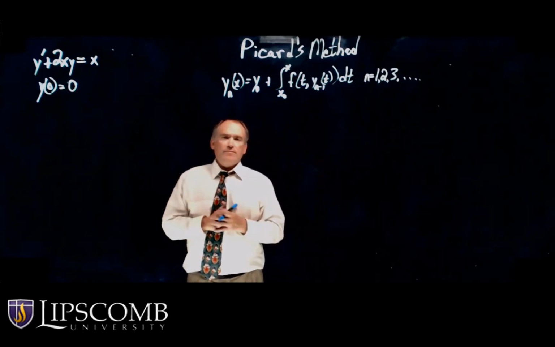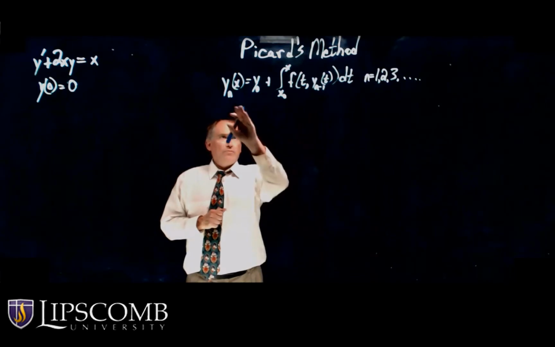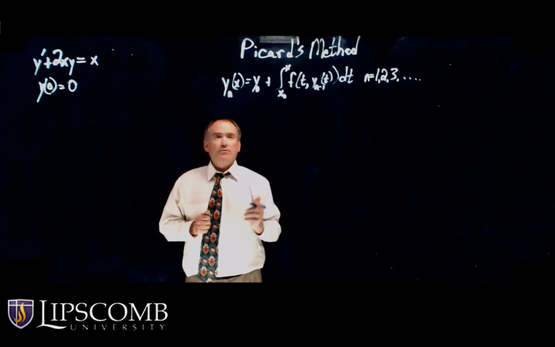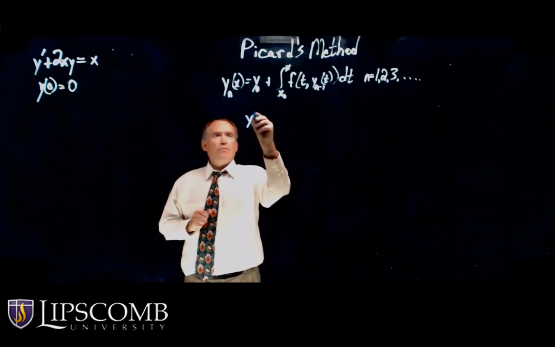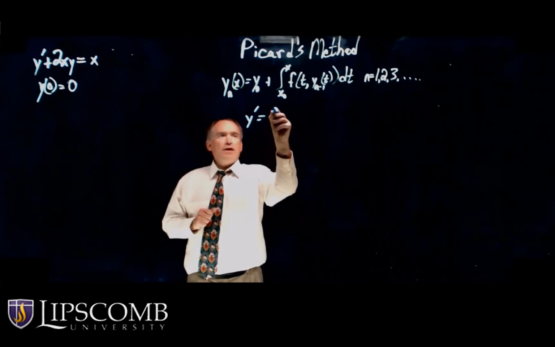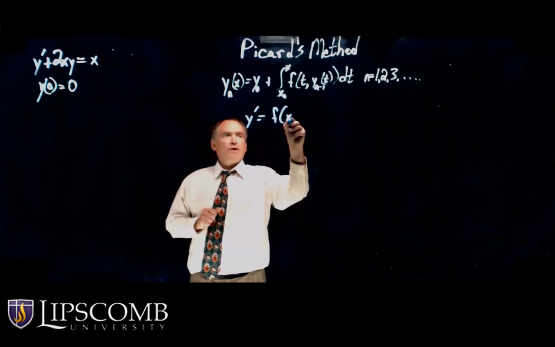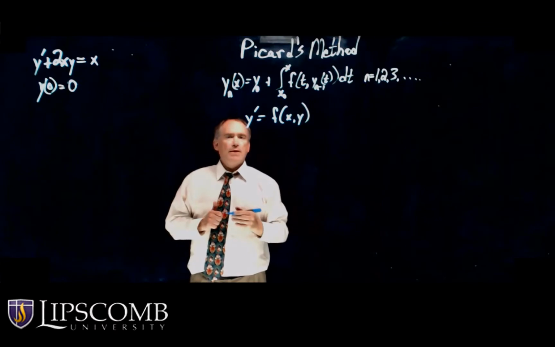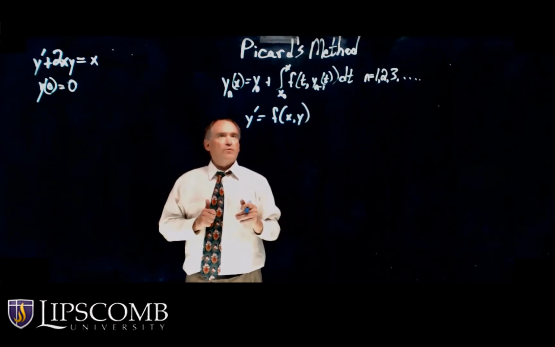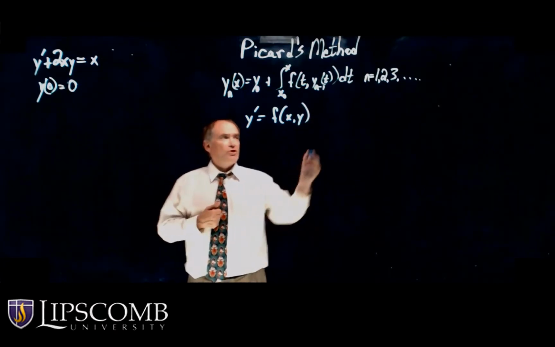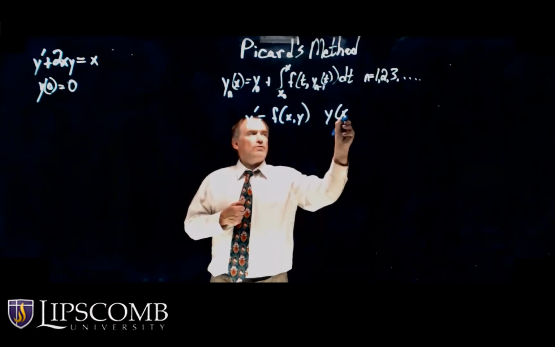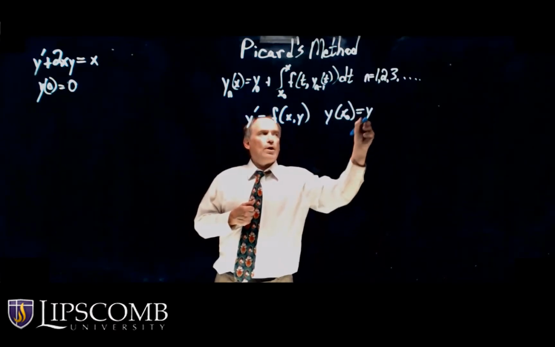So I need the differential equation in the form y prime equals f of x, y. I'm going to have an initial condition, y of x sub 0 equals y sub 0.